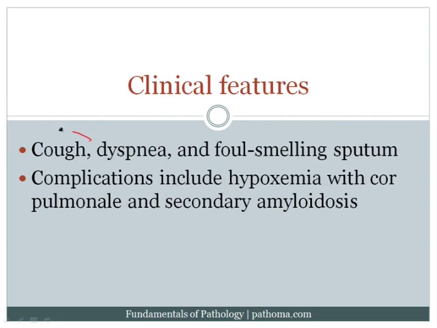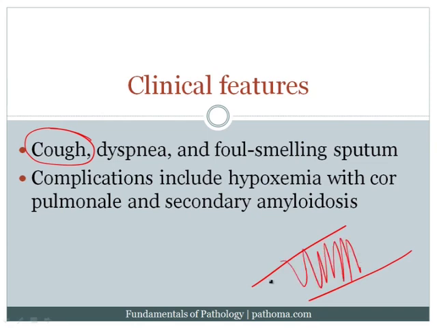Clinically, these patients are going to have cough because, again, this dilatation of the large airways is also going to result in some mucus trapping, so they'll cough up that mucus. They'll have dyspnea, difficulty breathing, and foul-smelling sputum. Now that sputum that comes out is going to be loaded with inflammatory junk and will have been sitting in the lung for a while and rotting, so it'll smell very bad.